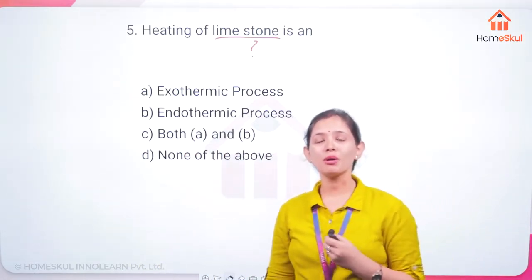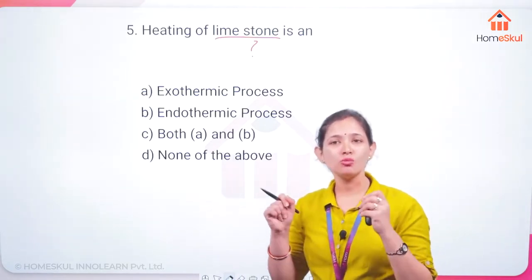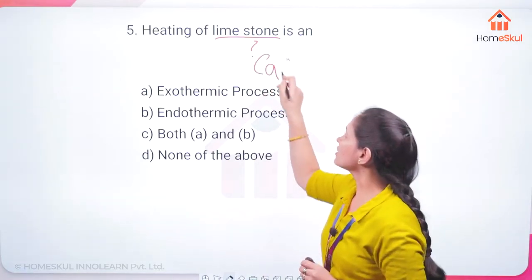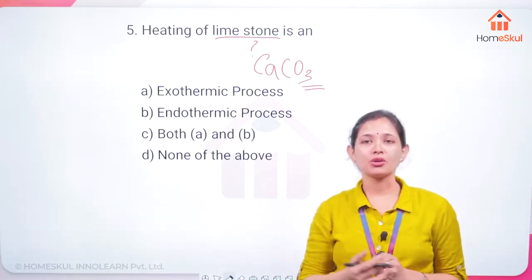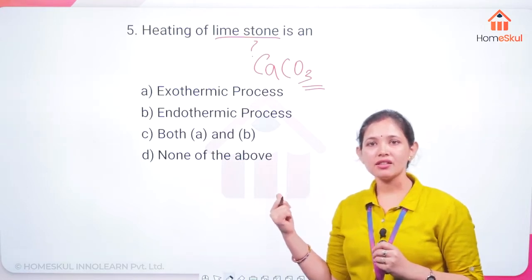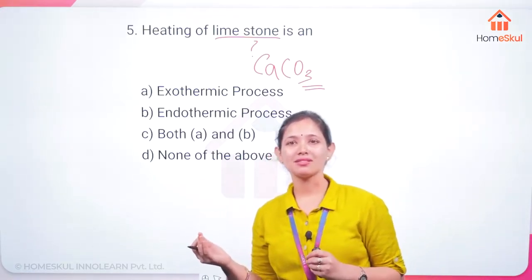So you have to remember the common names very clearly. Quicklime is calcium oxide, and calcium carbonate, that is CaCO3, is limestone. Did you get what CaCO3 and CaO are called in common names?